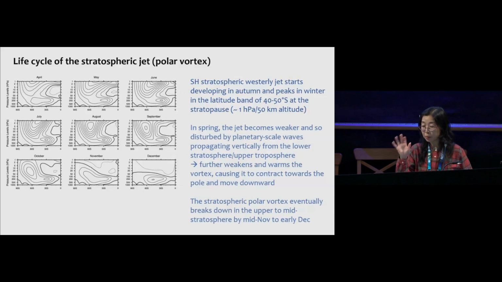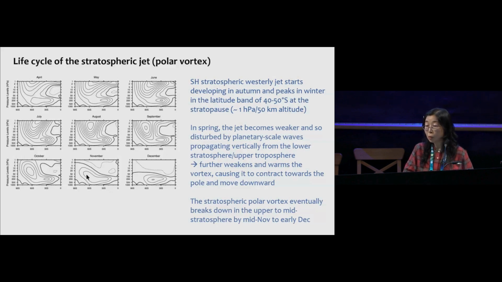Then in spring, the Antarctic region becomes warmer and the stratospheric jet becomes weaker, and therefore it becomes more easily disturbed by large-scale waves propagating vertically from the low stratosphere and upper troposphere into the higher levels of the stratosphere, which further weakens and warms the vortex, causing it to contract towards the pole and move downward.